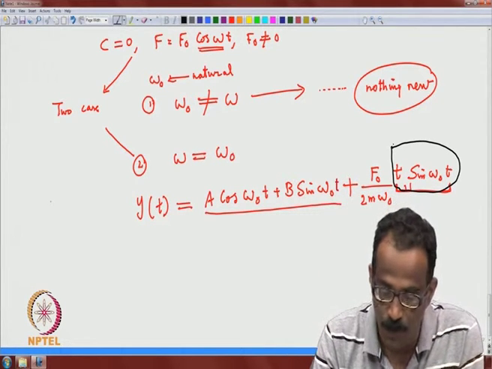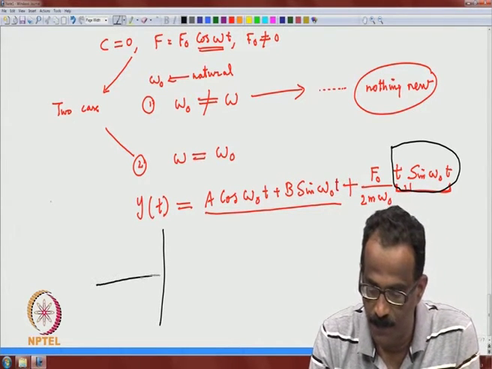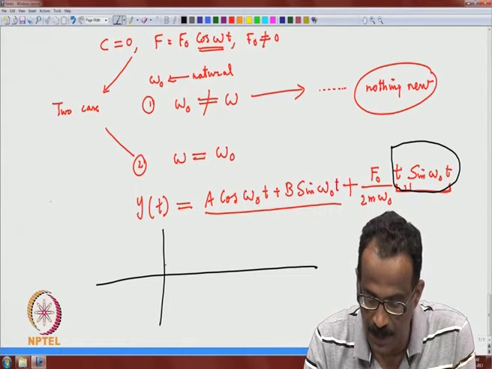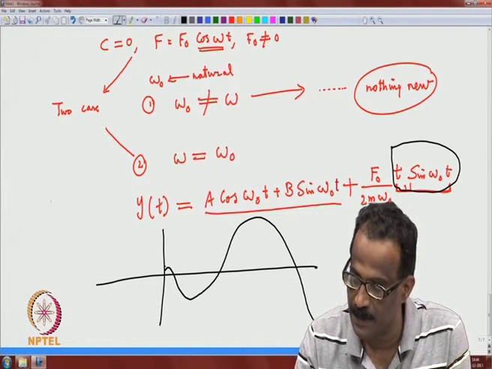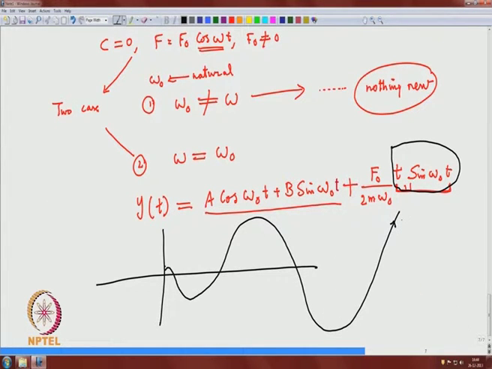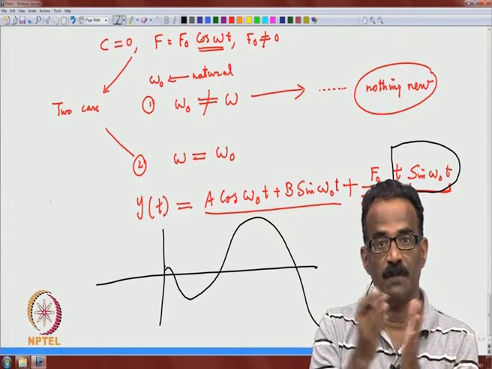So if you plot your graph, initially there may be some vibration, and as t increases the vibration grows. This is what is called the undesirable oscillation, and I explained in my first module unwanted vibrations in the case of mechanical systems and the Tacoma bridge collapse, etc., which we have discussed.